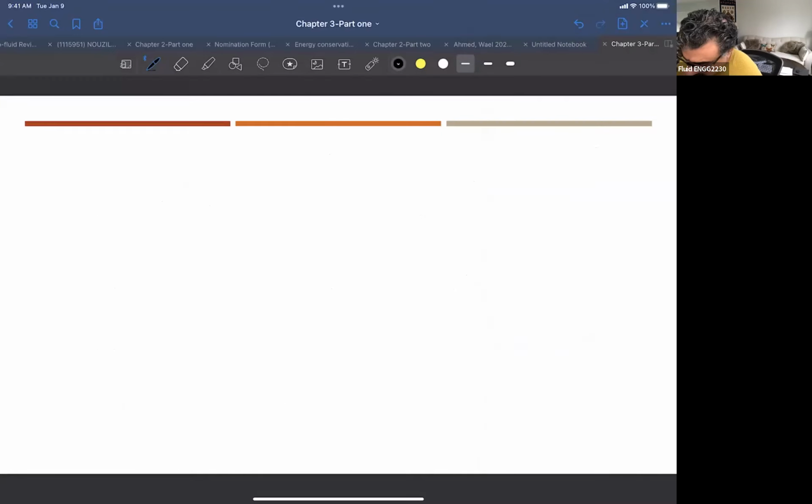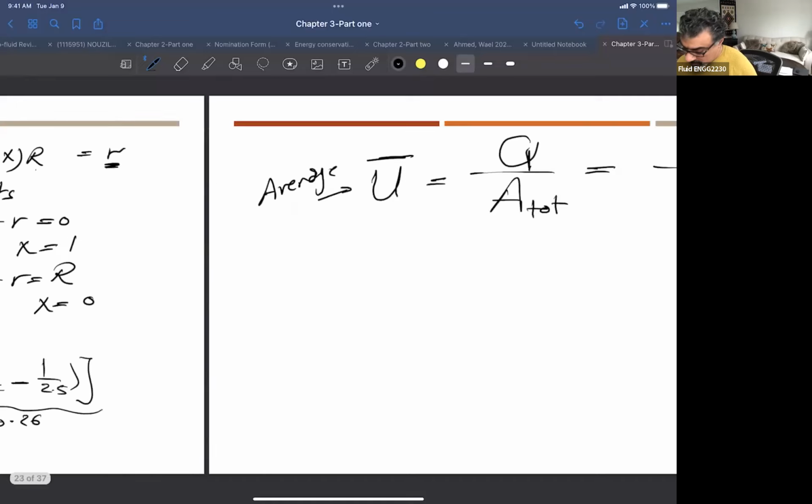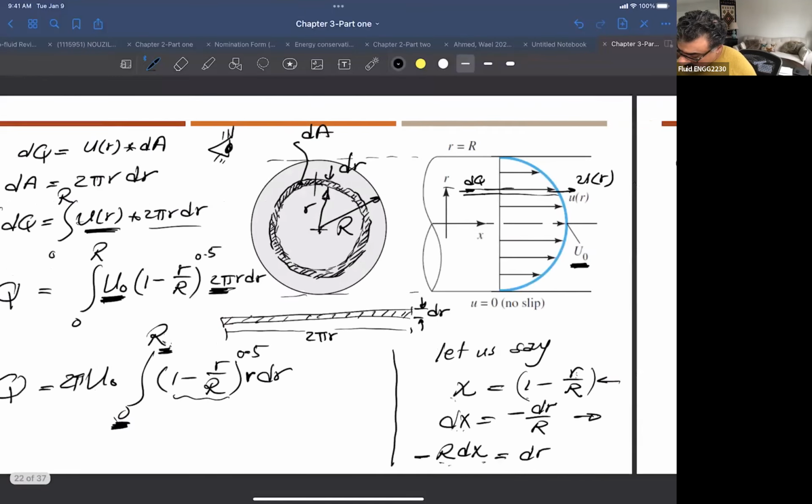What I'm interested in is the average velocity, U average. What does U average mean? It is the total Q divided by the total area. So what is the total area in this case? Zero? No. You see the limit here?